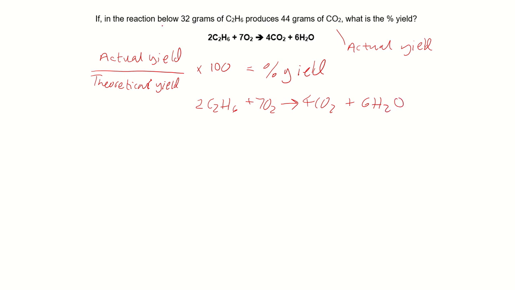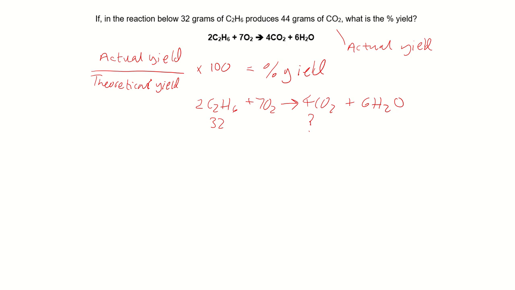In this reaction we have 32 grams of C2H6, so let's put down 32. It gives us what's actually been produced, which is 44. We're not going to put that down, because we need to work out what we could get in theory if everything went to plan, 100%. So we don't know this value here, so let's get the theoretical yield, which we call the reacting masses equation.